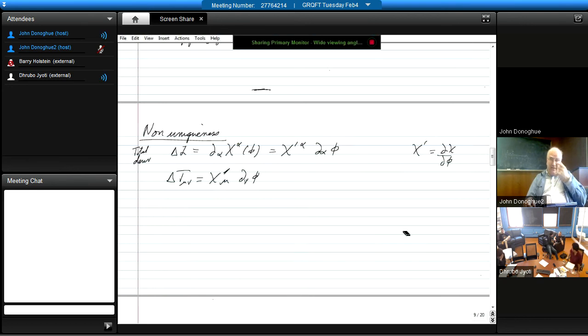So the derivative of this function is d mu phi, and I've shifted T mu nu by something that's also not symmetric.